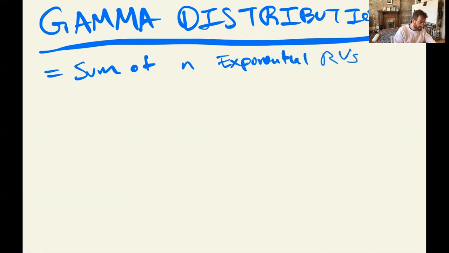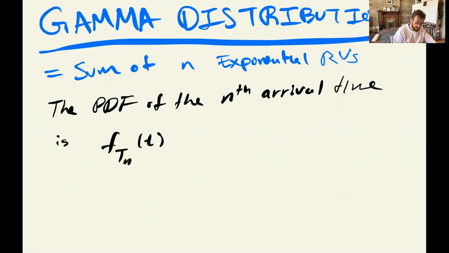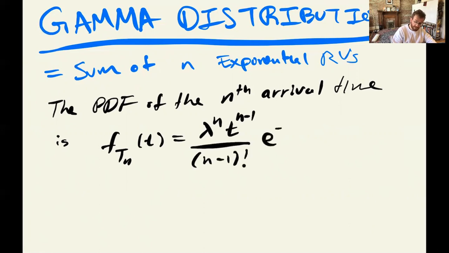More concretely, we can say that the PDF of the nth arrival time is f of t_n of little t, equal to lambda to the n, t to the n minus 1, divided by n minus 1 factorial, e to the minus lambda t.